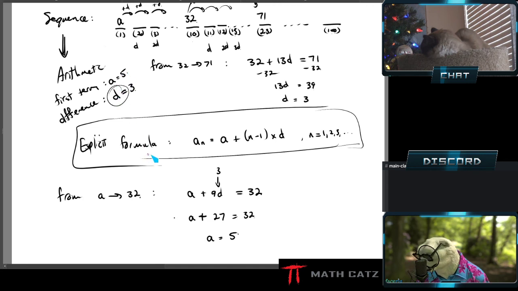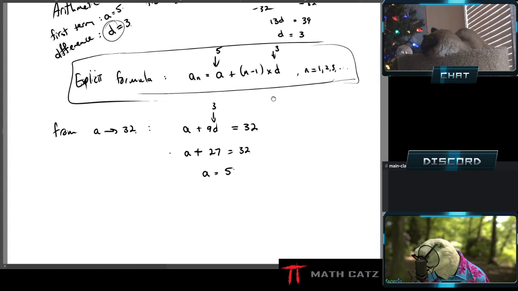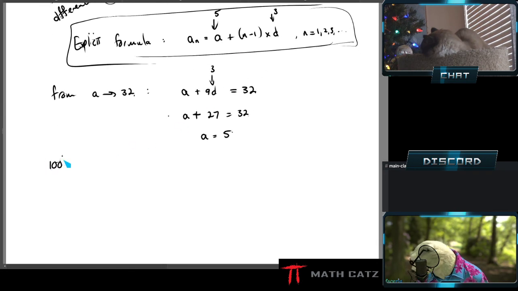A is 5. So now I know the explicit formula. A is 5 and D is 3. And I can literally answer anything they want. If they want the 100th position, that's easy to do. The 100th term, rather, sorry, not position, is A 100.